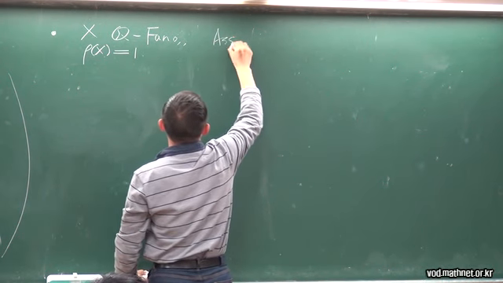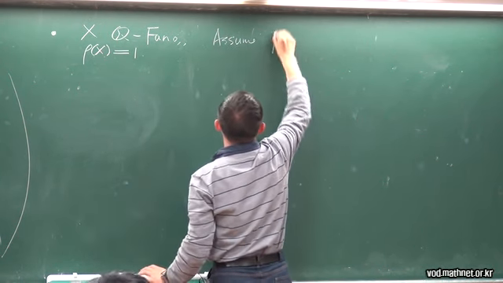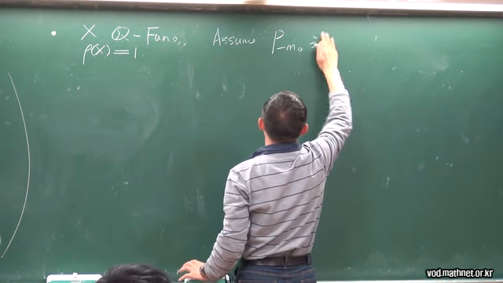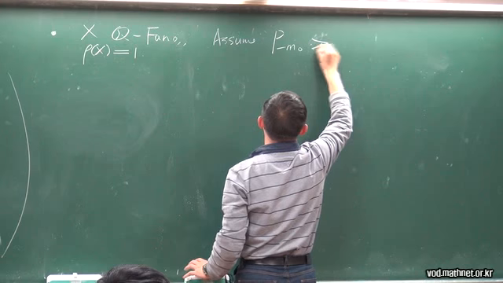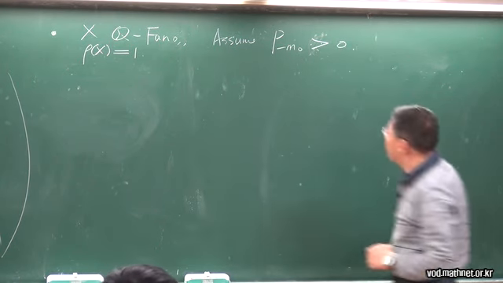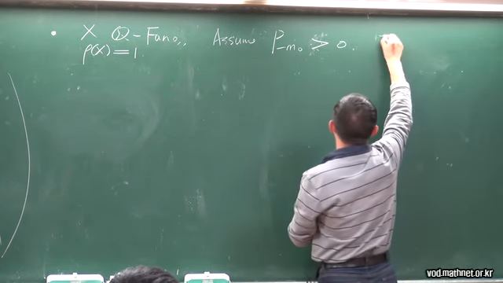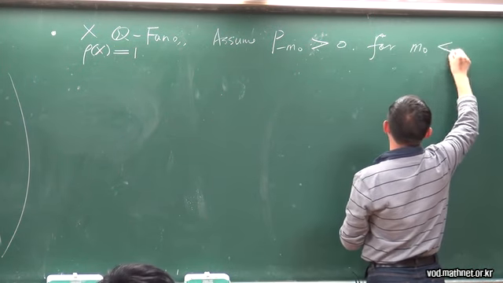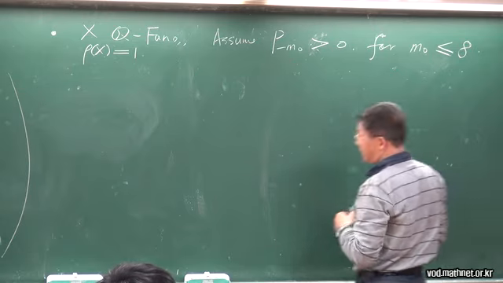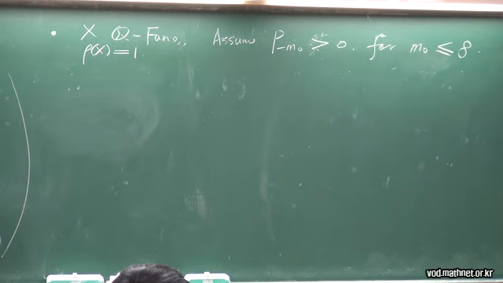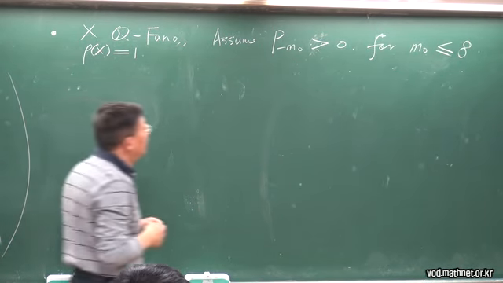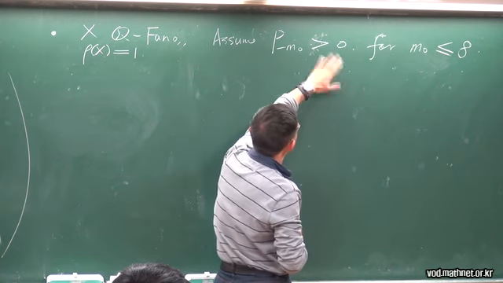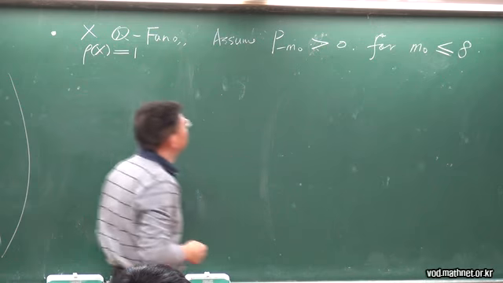Assume P minus M naught is positive for some integer, and of course this is smaller than 8. It can be 0, it can be 1, 2, or even larger.